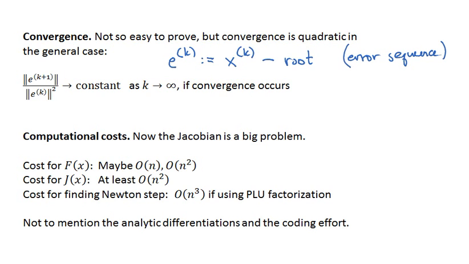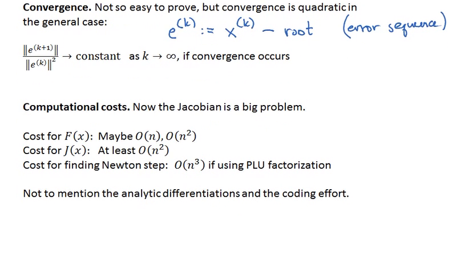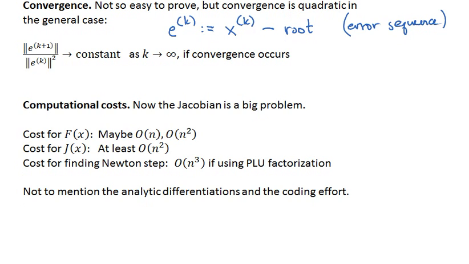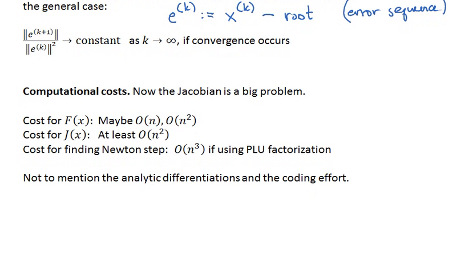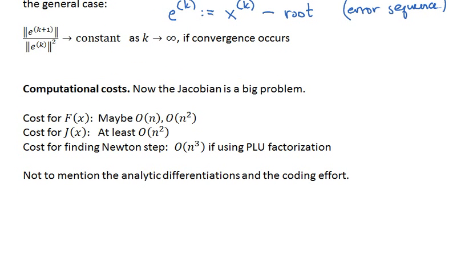And if it does converge, then it converges at a quadratic rate. The ratio of the norm of ek plus 1 to the norm of ek squared approaches a constant. It doesn't matter what vector norm you pick, they'll all give you that same result, although the constant will be different for different norms. Okay, so that's pretty much the same as it was before.